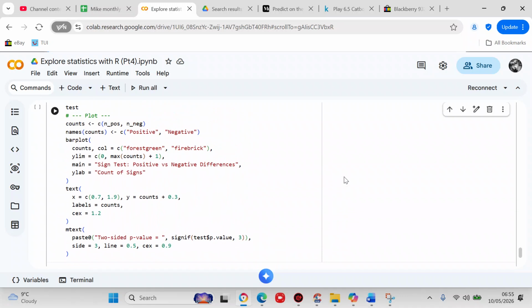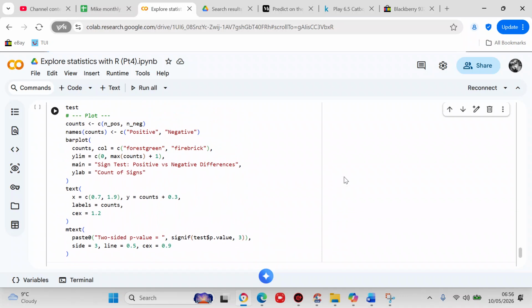So we're going to plot it. Counts becomes a vector of npos and nneg, and then the names of counts becomes a vector of positive and negative, and then we're going to create a bar plot.